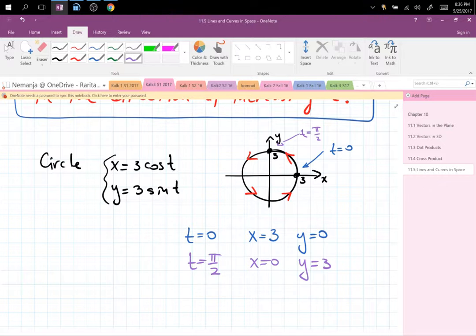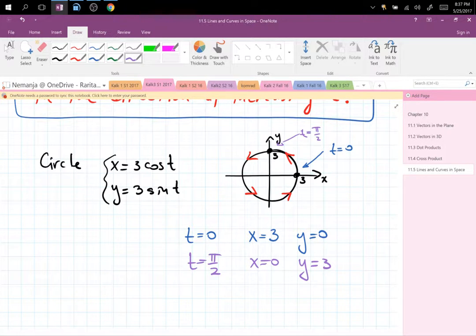Now, if you are to swap sine and cosine, you will still have the same circle, except now the motion will be clockwise. So if you swap the sine and cosine, you still get the same circle, except the orientation would be clockwise. So orientation of these curves is in the direction of increasing t.